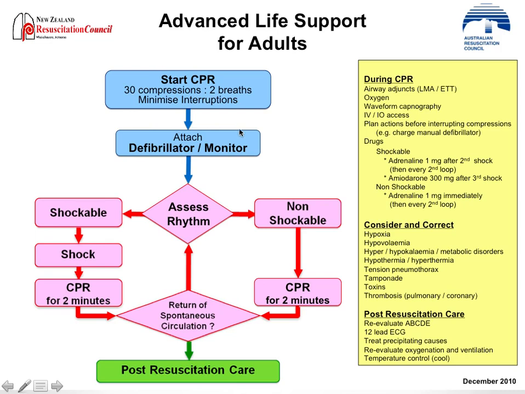Once the defibrillator is attached and turned on and the monitor is set to monitor through paddles, you then stop your CPR and check for a pulse. You need to stop CPR at this point because the electrical activity generated by you doing CPR and chest compressions will drive the monitor haywire and you won't be able to assess the underlying rhythm. Once you've assessed the underlying rhythm, in this particular case, we find ventricular fibrillation.